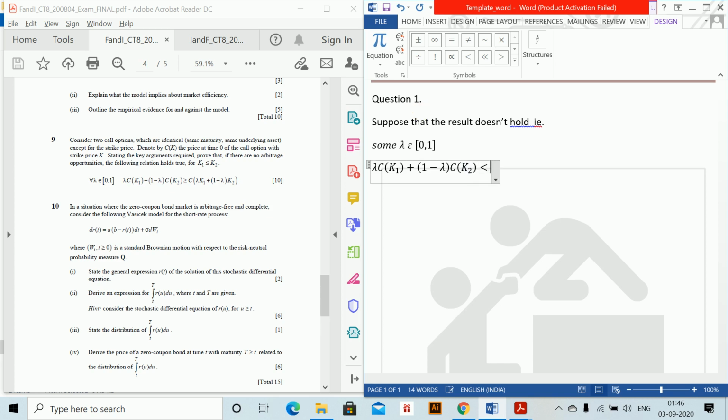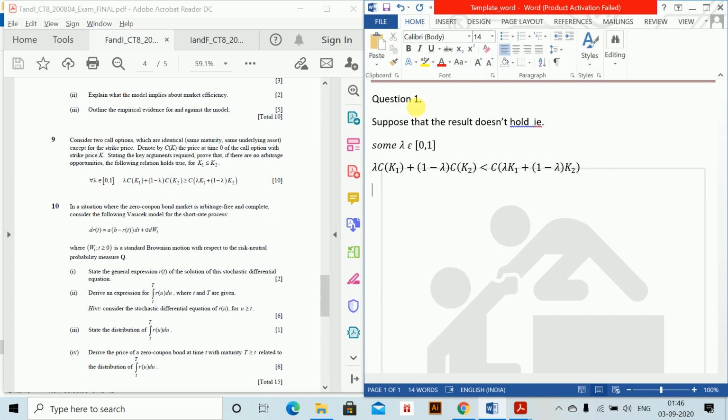Okay, now consider the following investment strategy at time 0.